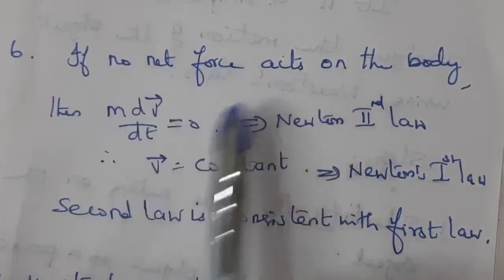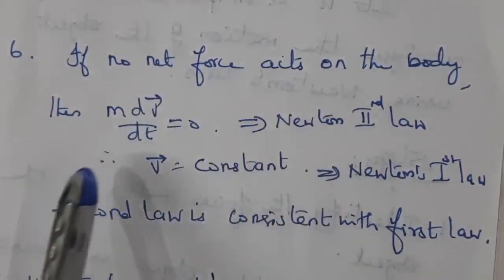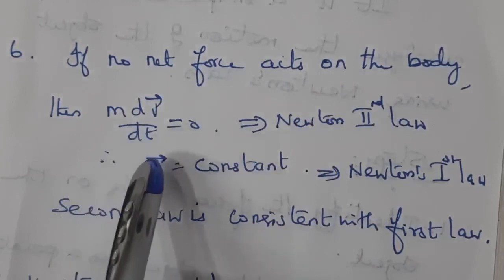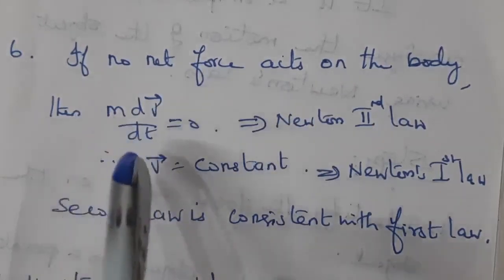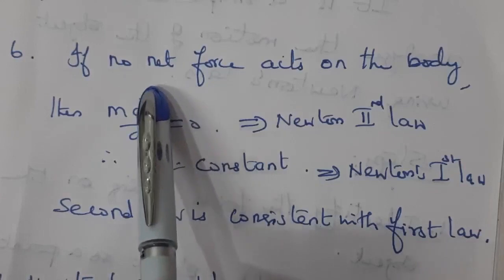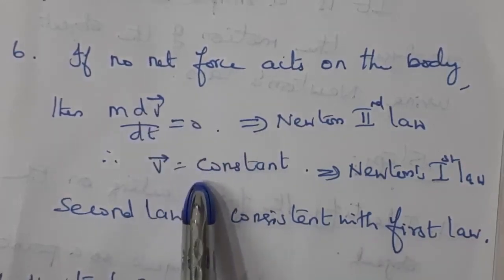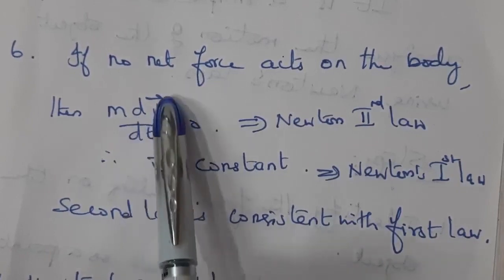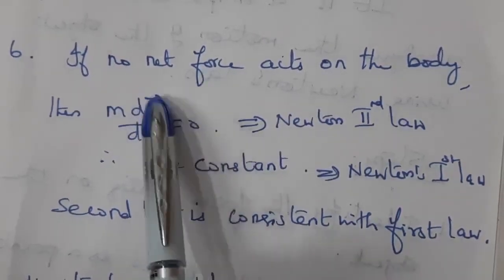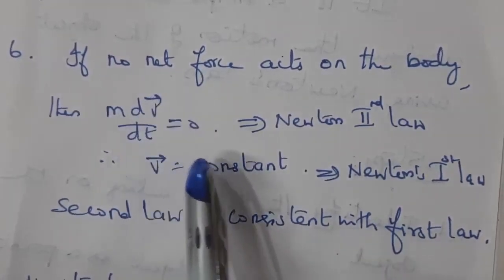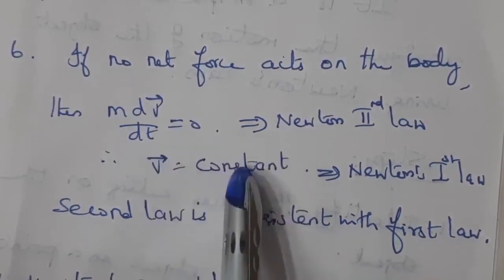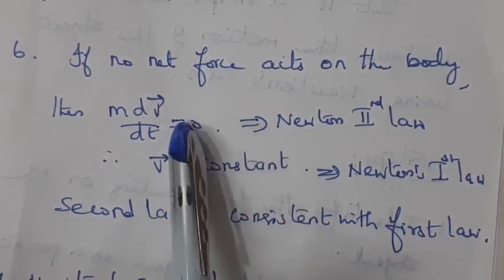Whenever the differentiation of one quantity is equal to 0, that quantity is considered as constant, or else when we are differentiating a constant, we will get 0.